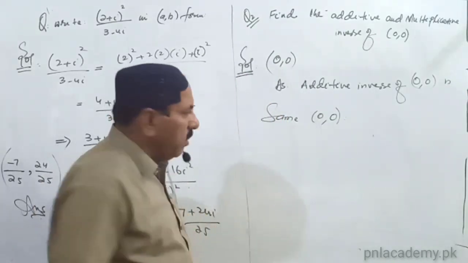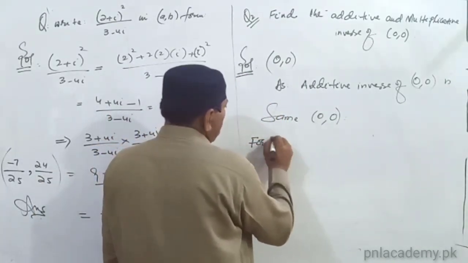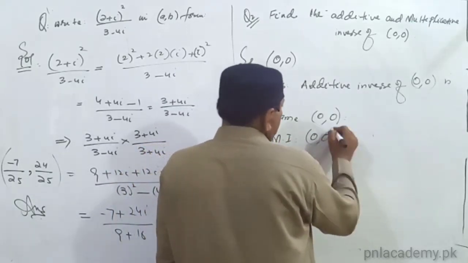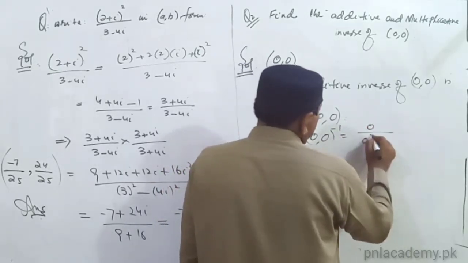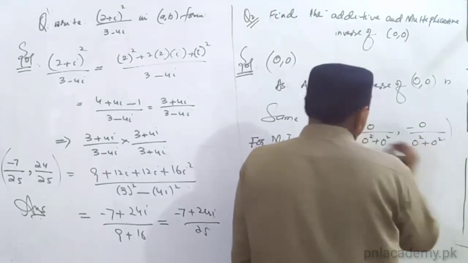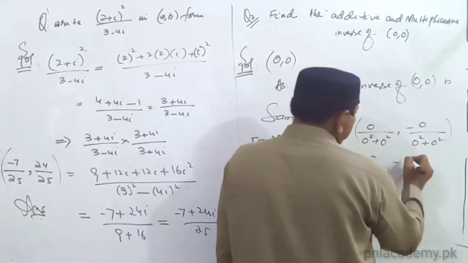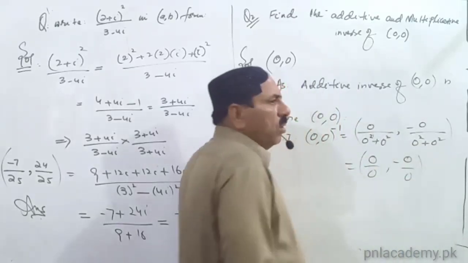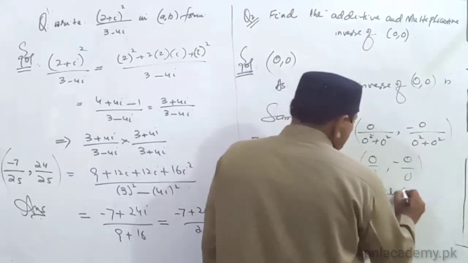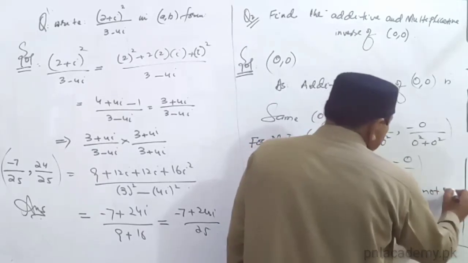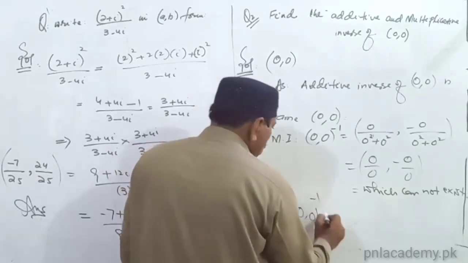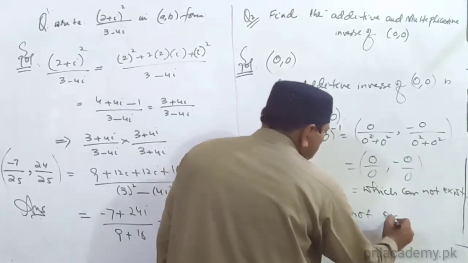For the multiplicative inverse, 0 comma 0 inverse is equal to 0 upon 0 square plus 0 square comma minus 0 upon 0 square plus 0 square, which is also 0 upon 0 form. 0 upon 0 form means infinity, which cannot exist. So therefore 0 comma 0 whole inverse does not exist.